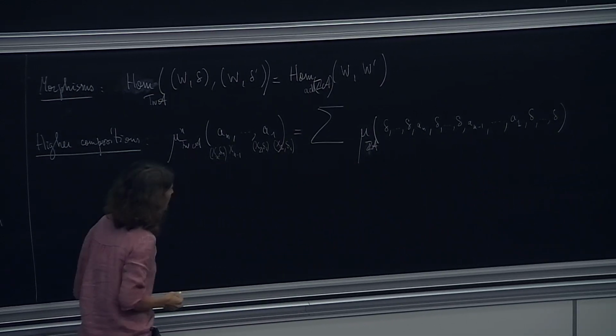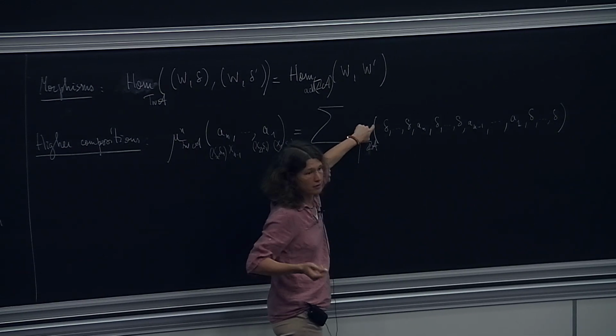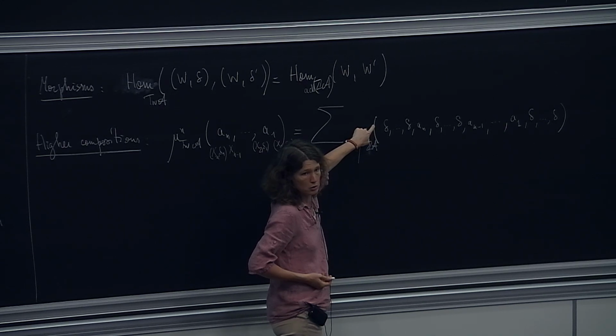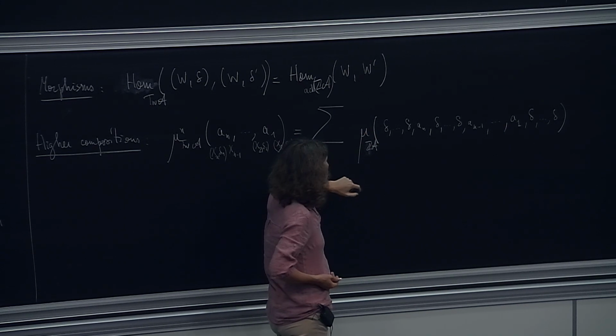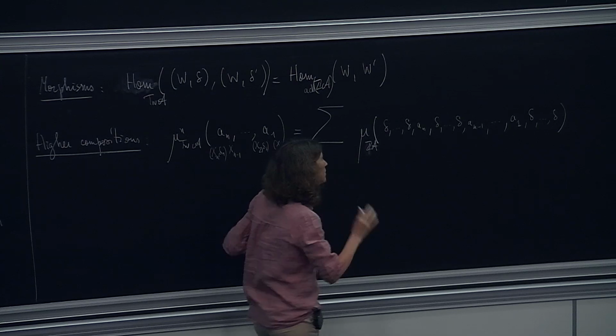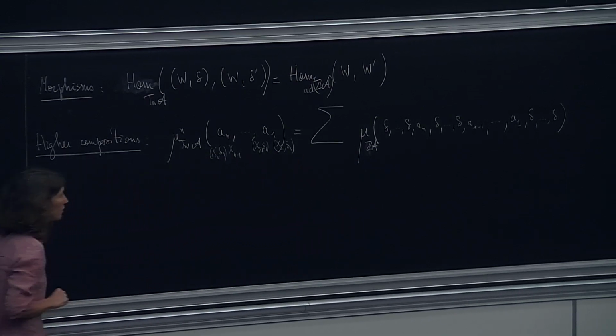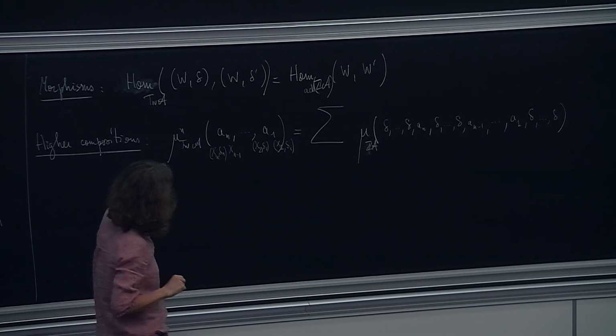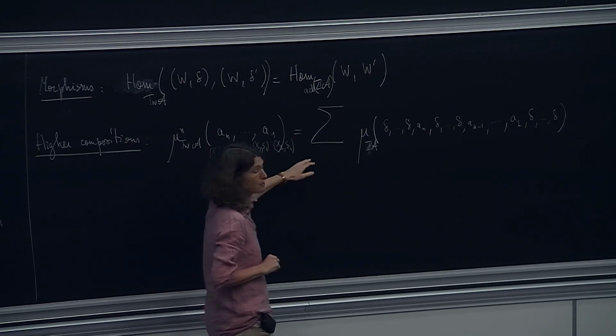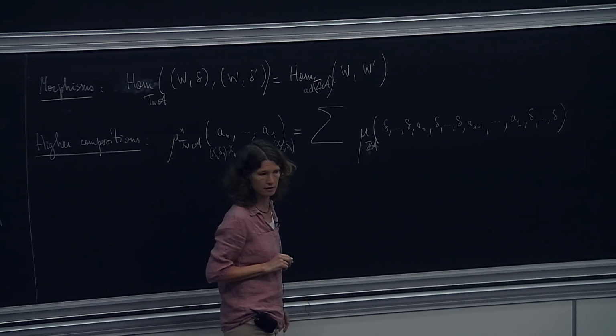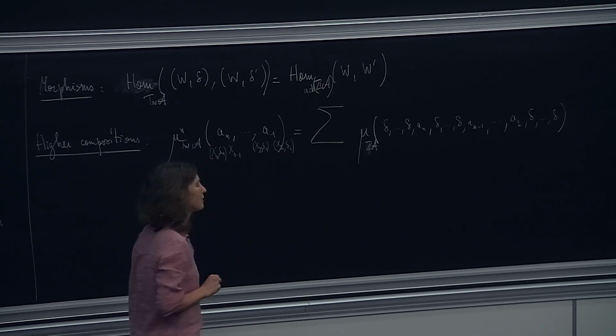And here, of course, the power is as high as you can. Okay, so it's a super huge sum. So it feels that it's impossible to do computation for this, but we can do it in some cases.